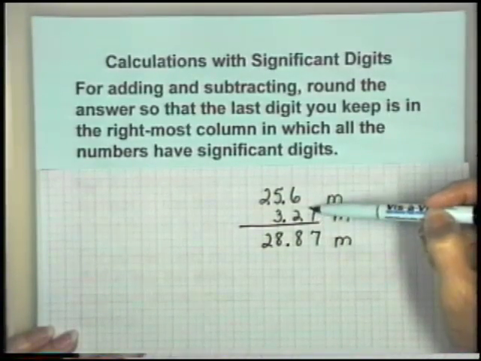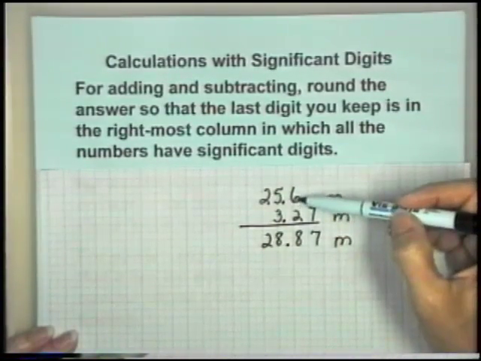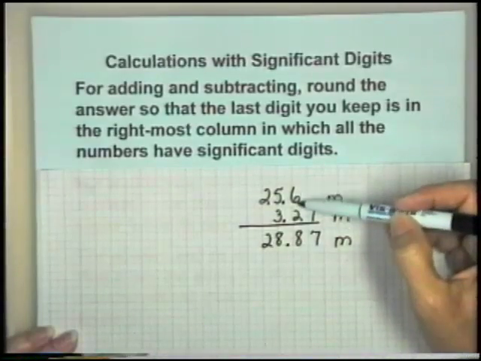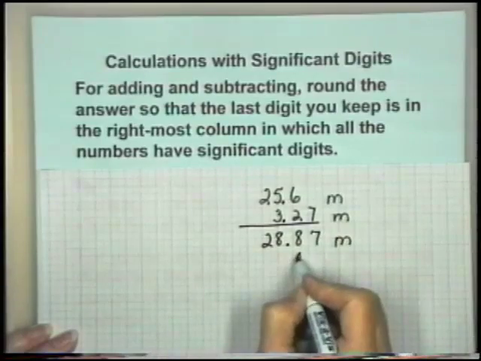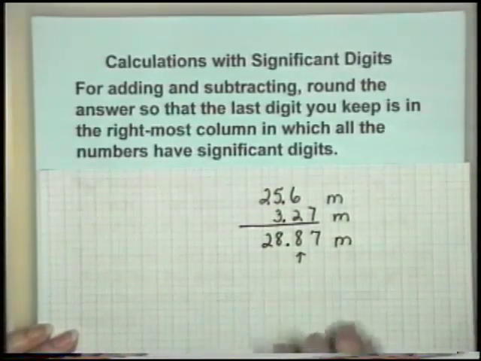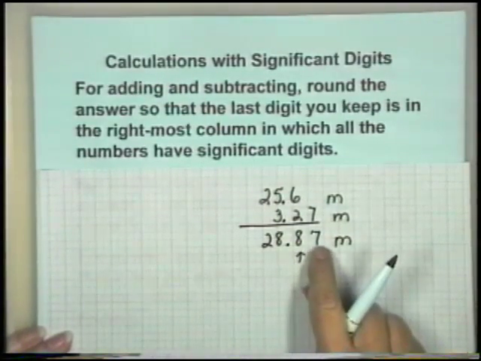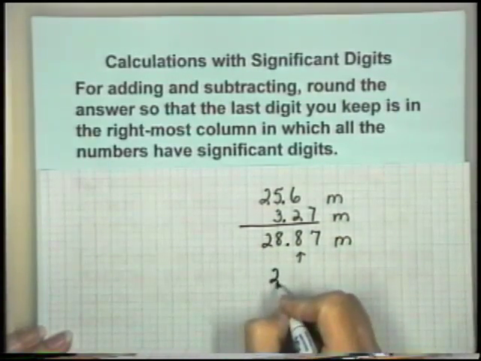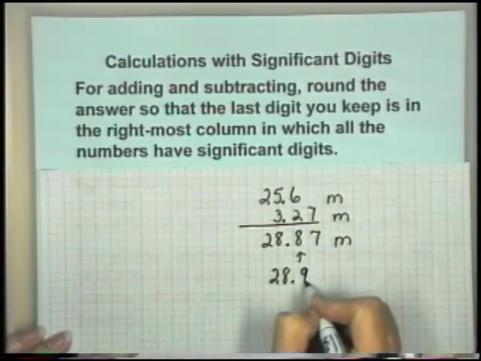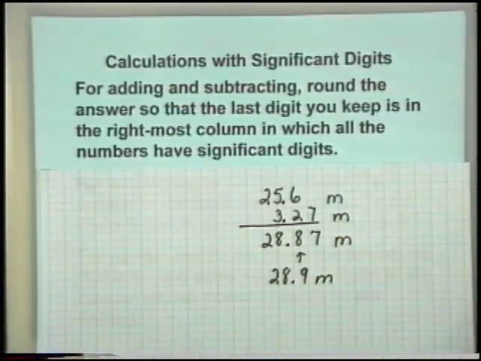The answer is no. So let's look at the next column. Do both of my numbers have significant digits in this column? The answer is yes. So I need to round to the tenths place. Since this is a 7, I know I'll add 1 to the 8. So for this calculation, I would round to 28 and 9/10 meters.